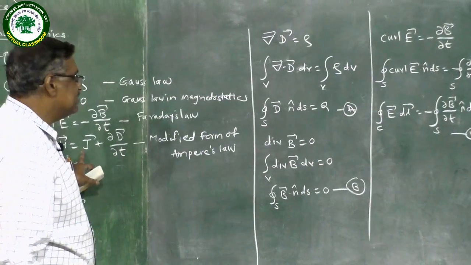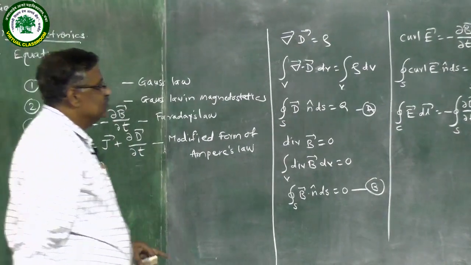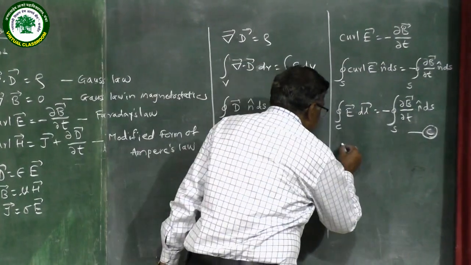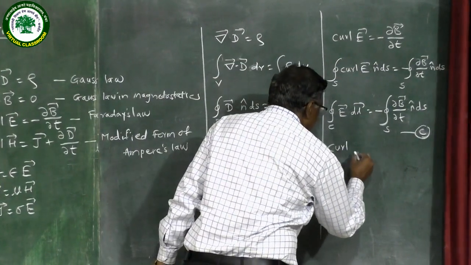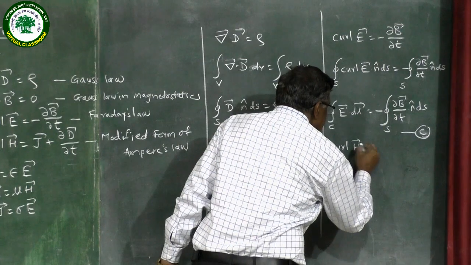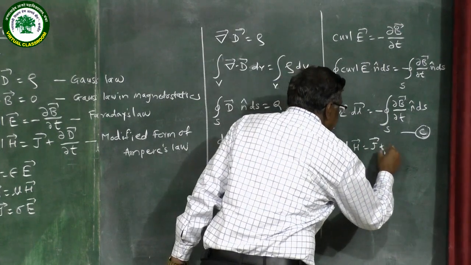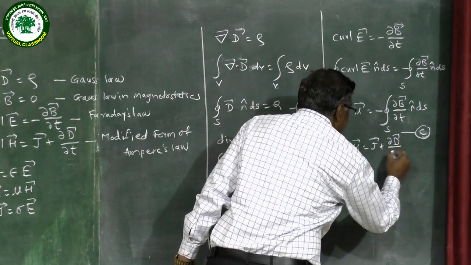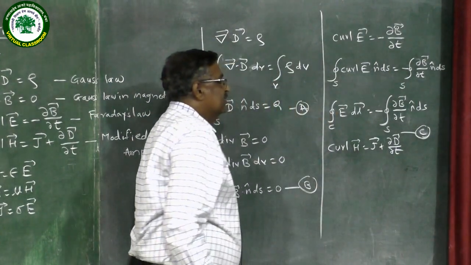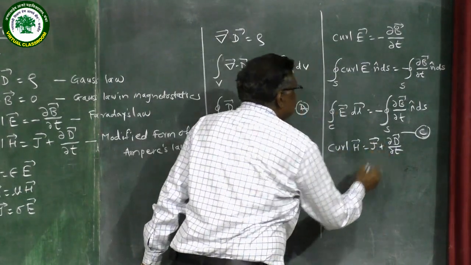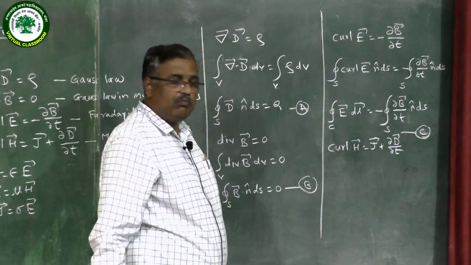The fourth equation is curl of H. Similarly we may have the integral form of the fourth equation. Curl of H is equal to vector J plus delta D upon delta T. Again here we take the surface integral on both sides.